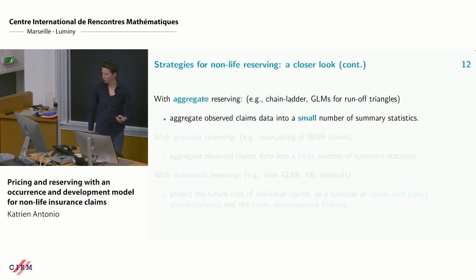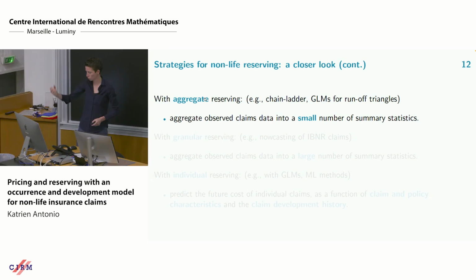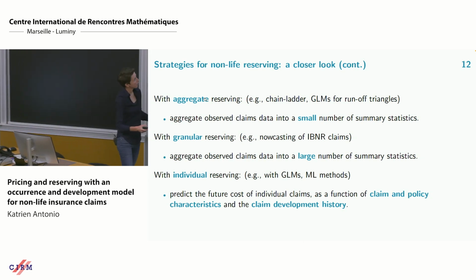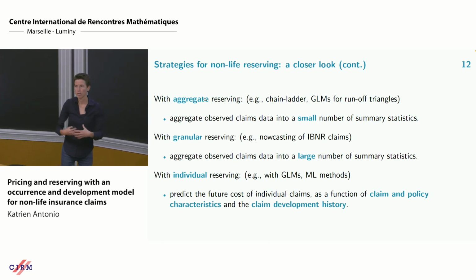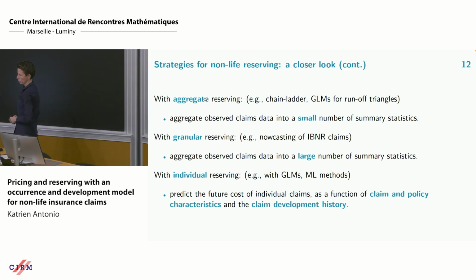So here is, again, what I just mentioned. If you look at aggregate reserving, I have chain ladder or GLMs kind of stuff in mind. I look at an aggregate data set. It's aggregated into a small sample data set, so I do quite a rough time discretization. If I look at granular reserving, I can look at aggregation, but aggregation on a very granular time scale, so into a large number of summary statistics.